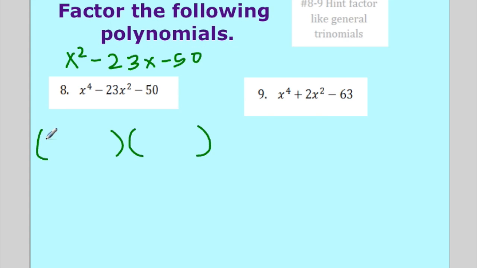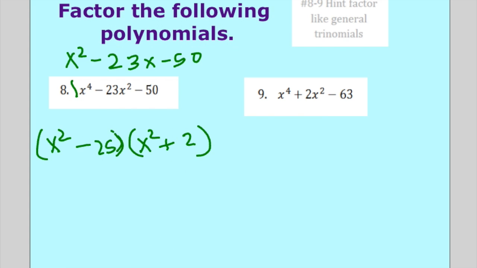So I'm just going to start it out with x squared and x squared. Okay, and then I do factors of 50. So there's a 1 in front. So I say what multiplies to 50 but adds to 23. Well, 23 and 2, or sorry, not 23, 25 and 2. This would then be, if I want to add to negative 23, negative 25, positive 2.